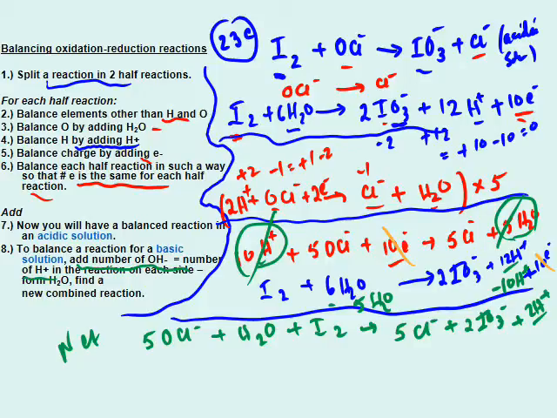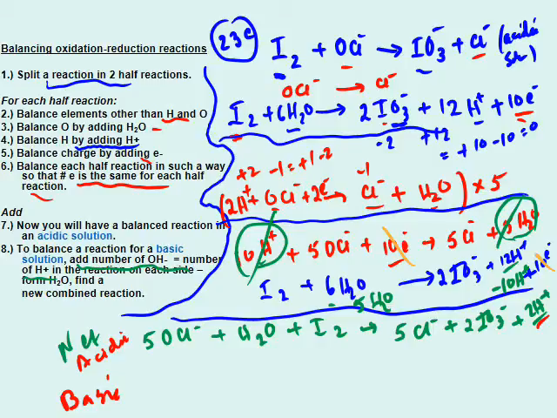So this is acidic, let me write it down here. In order to make it basic, follow my red pen, add 2 OH minus, because that's the rule. Whatever number of H plus you have, add the same number of OH minus.